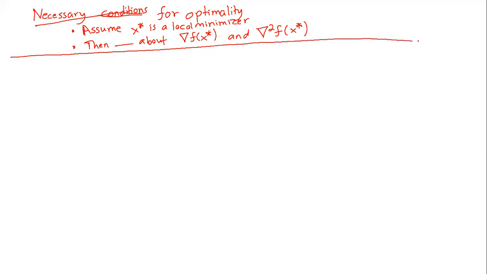This is how the necessary conditions are worded. They start by saying, if it is a local minimizer, then these things are true. That's why it's necessary: if it is a local minimizer, it is also necessary that these things hold. So here's what we call the first order necessary conditions.